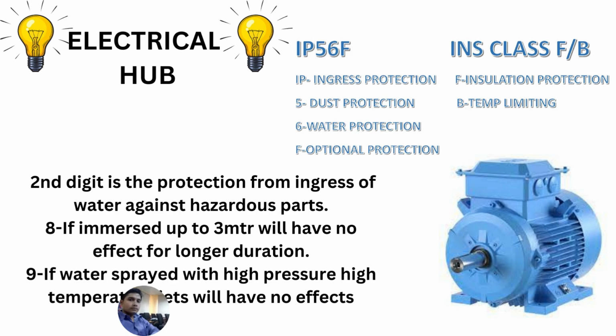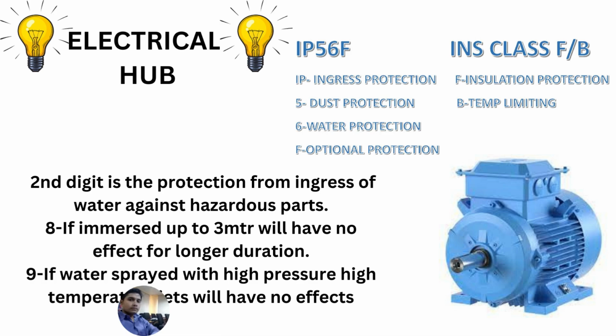The second digit, which is mentioned here as a 6, is also categorized in 10 parts, 0 to 9. It is the protection against the ingress of water to any hazardous part.